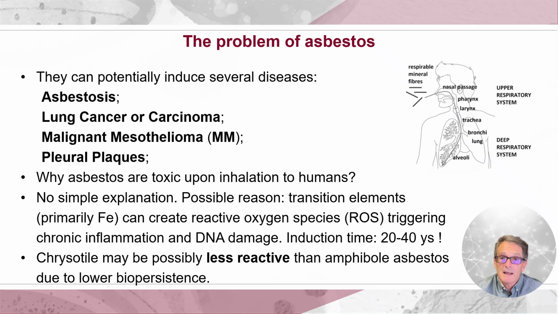These elements can catalyze the formation of reactive oxygen species, leading to chronic inflammation and oxidative DNA damage. The latency period for asbestos-related diseases is typically long, often ranging from 20 to 40 years. Chrysotile fibers are thought to be less biopersistent and reactive than amphibole asbestos, which may account for differences in their pathogenicity.